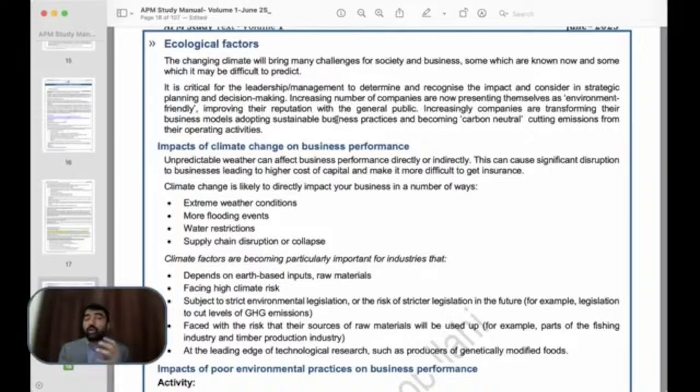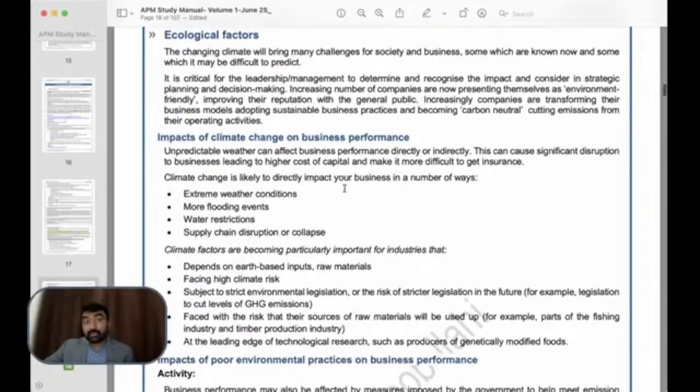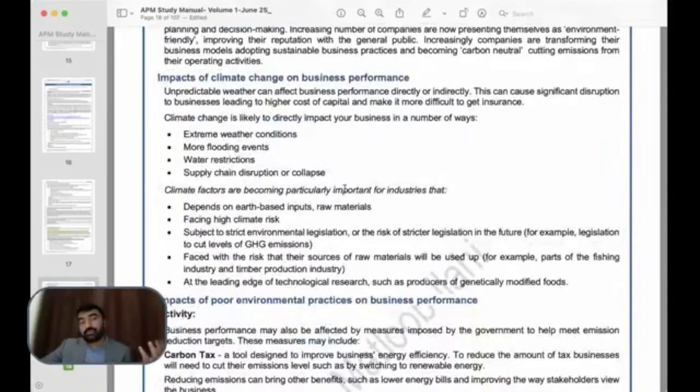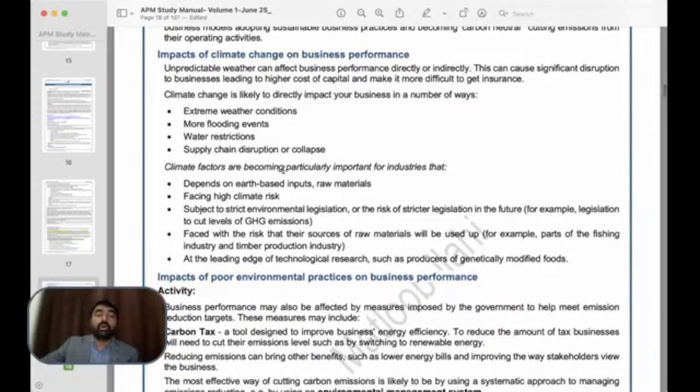There are a lot of debates and discussions going on, not only related to technology but also related to ecology. At the performance management level, there is a separate topic named environmental management accounting that we will be covering later in the coming classes. Overall, there is a lot of discussion and a lot of pressure.